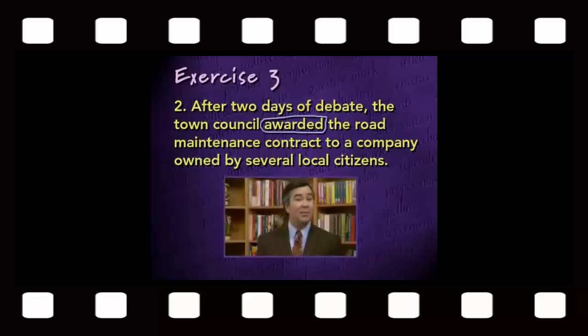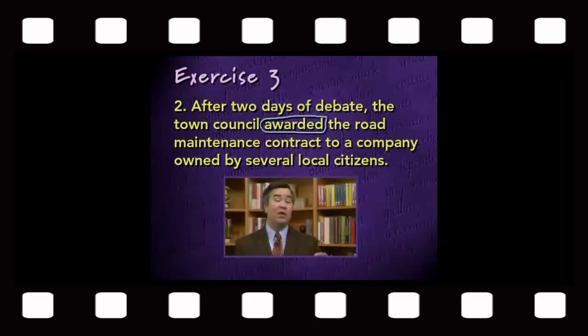Who or what is the subject of the verb awarded? Who did the awarding? The answer, council, or more specifically, the town council. So council is the subject. Now, is there a direct object? Is there a word that tells us what the town council awarded? Yes, the answer is contract. They awarded the contract, or more specifically, the road maintenance contract.